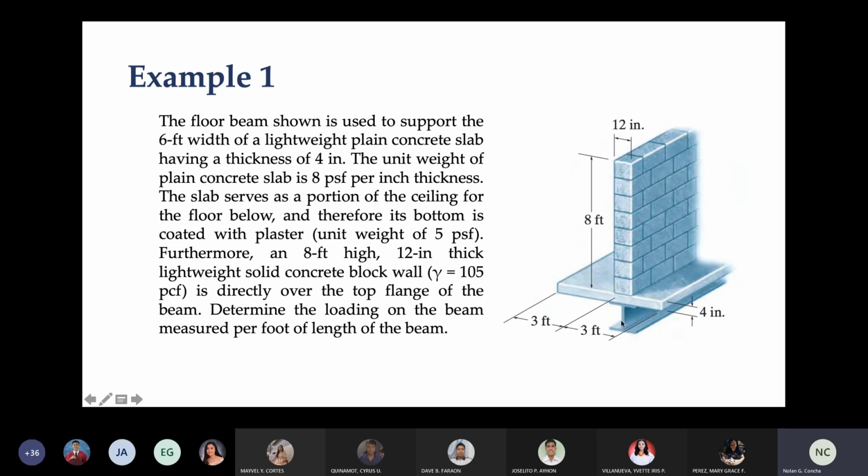So this is your beam again, and you have the wall on top of that beam. Determine the loading on the beam measured per foot length of the beam. So what we do is, I take 1 foot. This is a long, slender beam, right? So I only cut a certain portion. I cut it here.